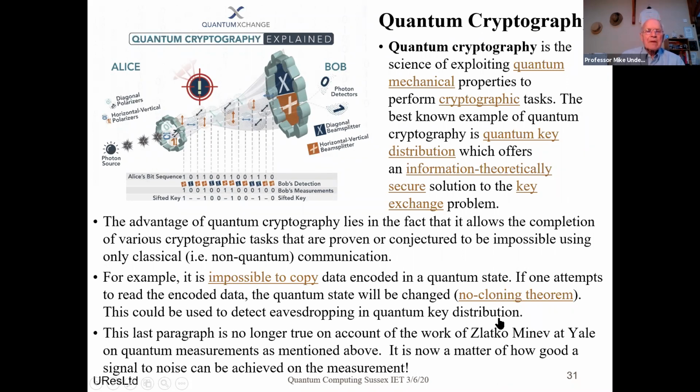One of its advantages is based on this particular thing. It is said, and this is copied from the web, that it's impossible to copy data encoded in a quantum state. Well, we've just heard that that is no longer true within the last few months.